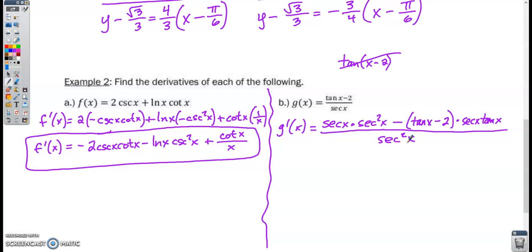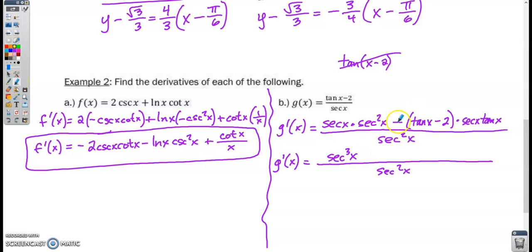Now I'm just going to do some algebra and see if that gets me anywhere from a simplification standpoint. So I'm going to multiply out all these terms in the numerator. The denominator is pretty well set for us. So secant of x times secant squared of x is secant to the third of x. And then I'm going to distribute.